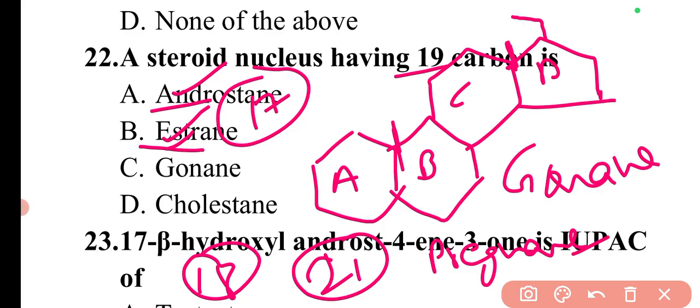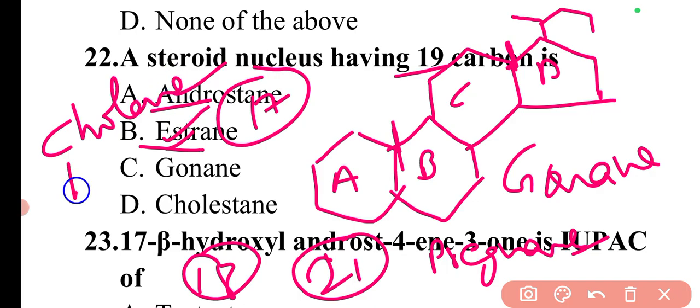Then if this ring is substituted with another three carbon atoms, attached in this way, this is known as cholane. Cholane has 24 carbon atoms, and bile acids come under this class. Then there are 27 carbon atoms.